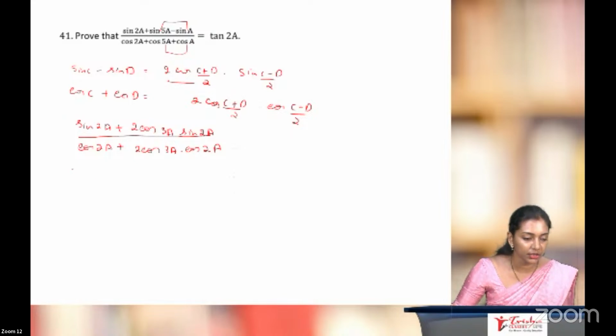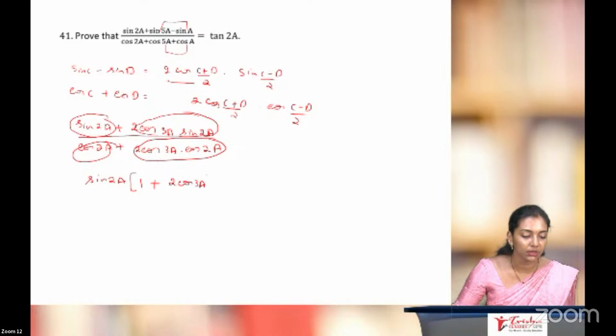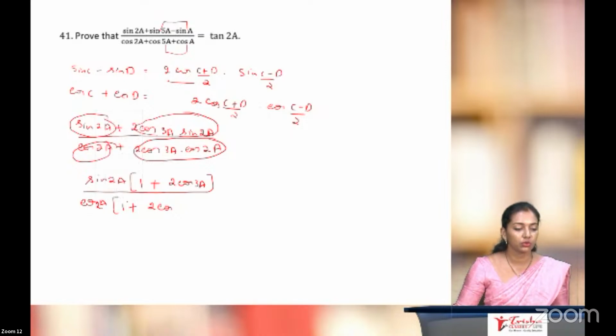Now can you find the common factor here? Sin 2a is common in the numerator. If you take out sin 2a, 1 is remaining, plus 2 cos 3a. In the denominator cos 2a is common, so 1 plus 2 cos 3a.